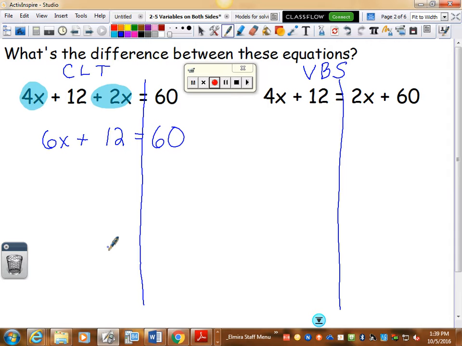Let's look at the other problem and look at how it's different. Our warriors, 2x and 6x, are not allies now. They are on different sides of the line. They are enemies. And in a battle, the weaker enemy, usually, is the one that loses.